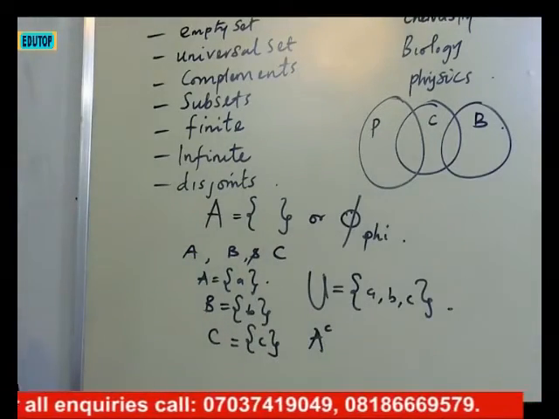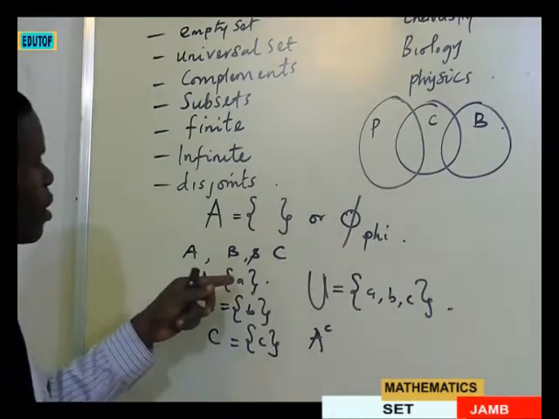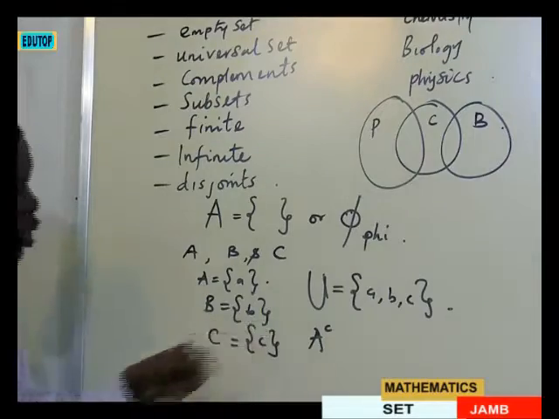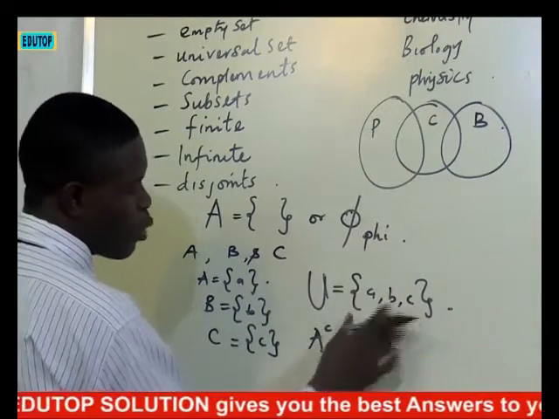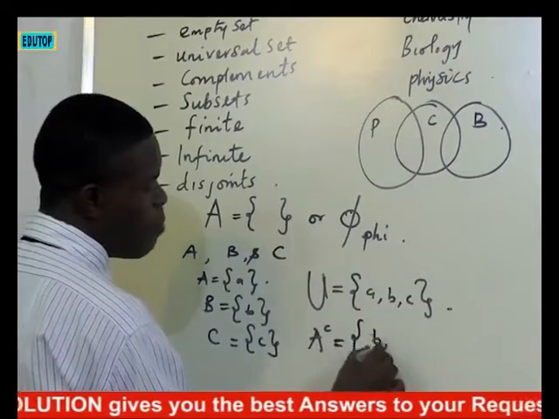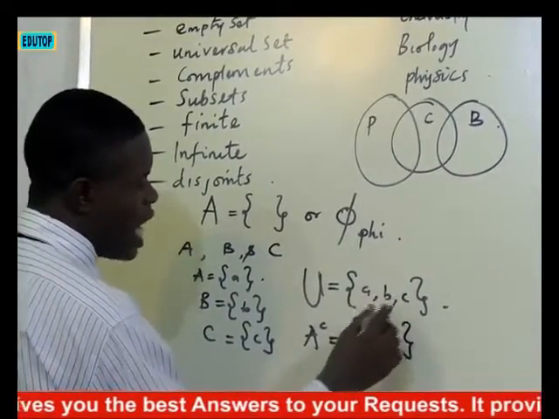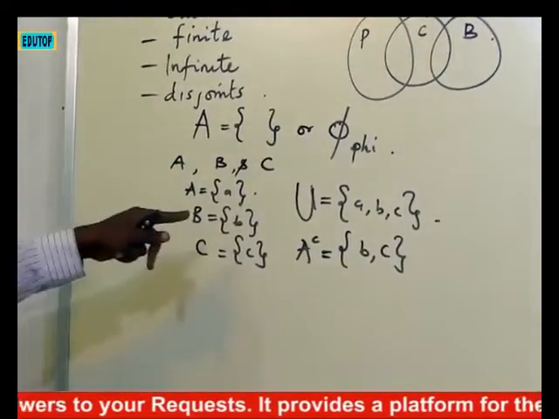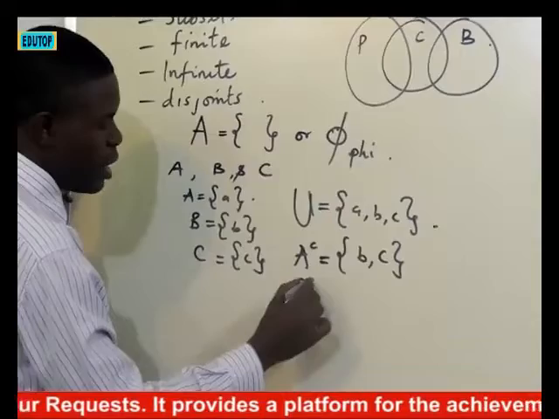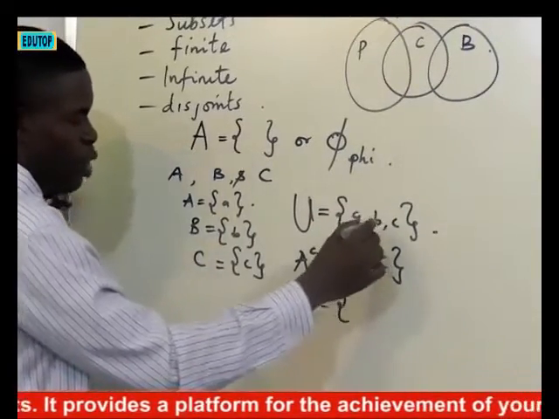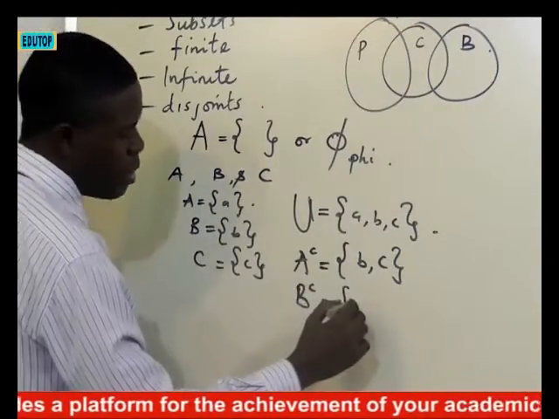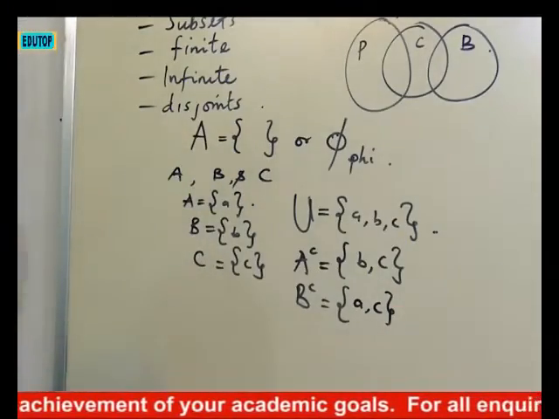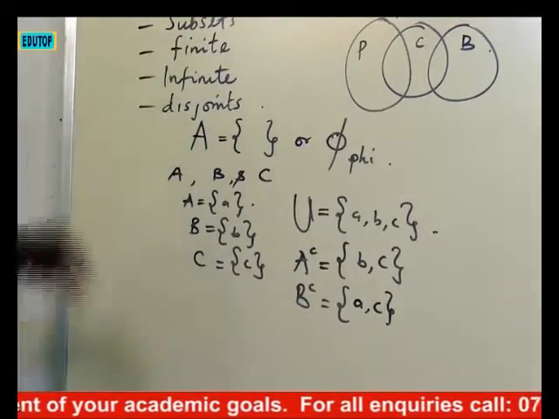A complement means what you have in the universal set that is not in A. So if I want to write A complement with respect to this universal set, it will definitely be B, C, because these are the elements in the universal set that are not in set A. Also, B complement will be the elements in the universal set that are not in B, so it will be A, C, and so on and so forth. That is complements.